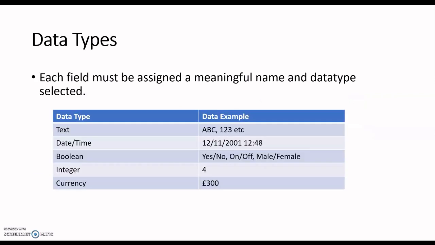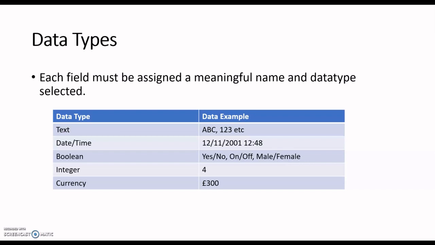So each field must be assigned a meaningful name and a data type selected. Okay, so if you watched my last video about databases, you should be aware of fields. So these are the data types here. We've got text, and obviously text can be an example of A, B, C, 1, 2, 3.